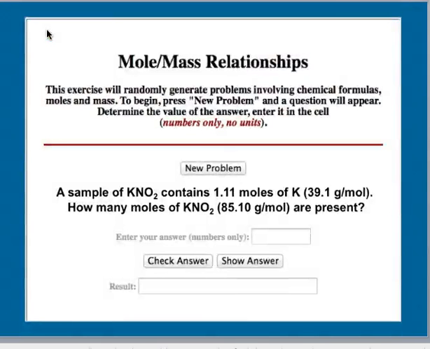Nitrate is the parent in O3. Nitrite is in O2. I was told that this sample of potassium nitrite has 1.11 moles of potassium. That's how many moles are in our sample. How many moles of potassium nitrite do we have?